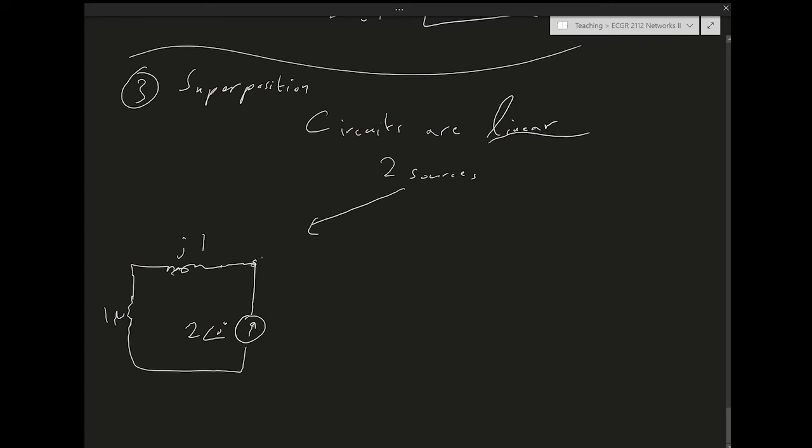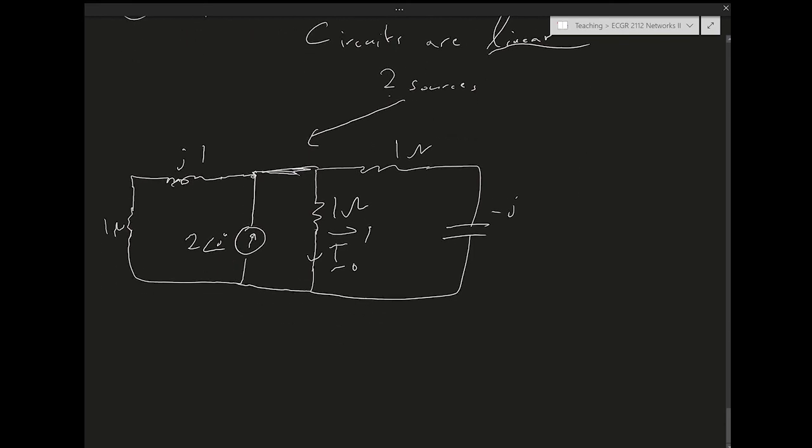How do I make a voltage source 0? I make it a short. Then I have a resistor here, 1 ohm, and then I have the current I0 prime. This is the response current due to just the current source, 1 ohm, minus j. So I find this current, and then I make the current source 0, meaning I make it an open circuit.